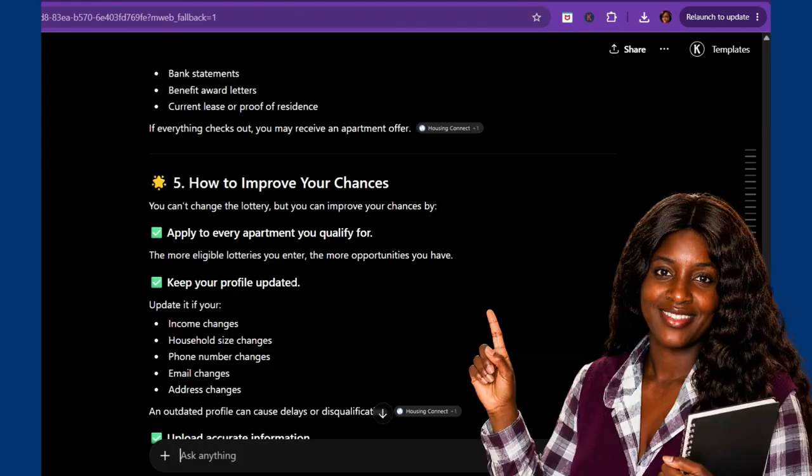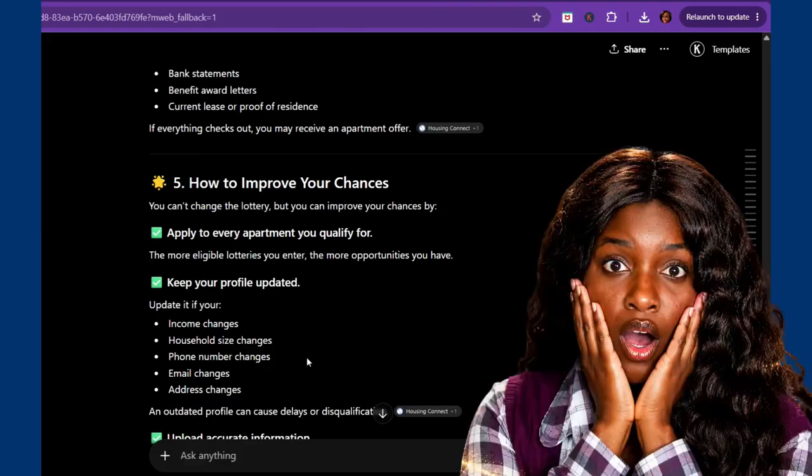So keep your profile updated. Update it if your income changes. Put that extra money in there. Update it if household size changes. When it comes to the household, just make sure whoever is going to be head of household doesn't change their mind at the last minute, because once all the information is in and you submit the application, it locks.